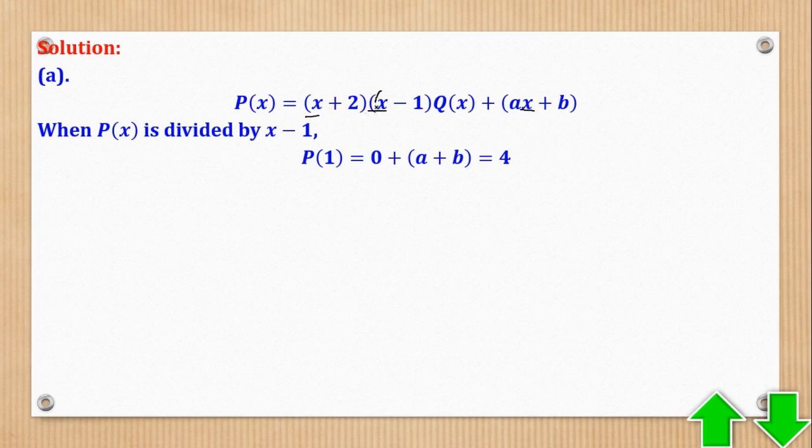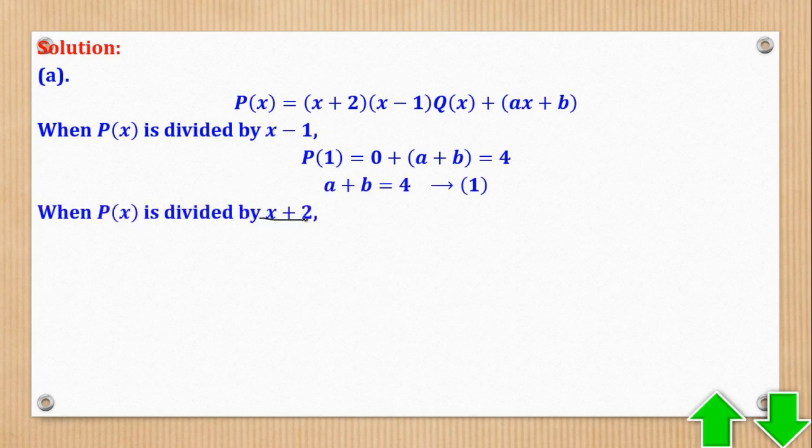So when you put x here, 1, automatically the whole of this is 0. That's why you see this 0 here. When you put here 1, you get a plus b. But they told us in the question that the remainder would be 4. So rearrange to get an equation.